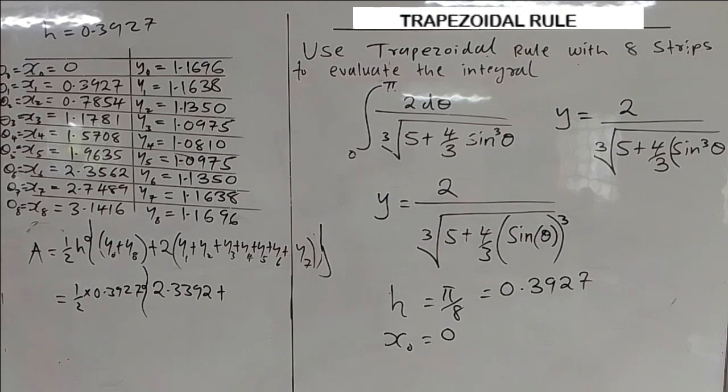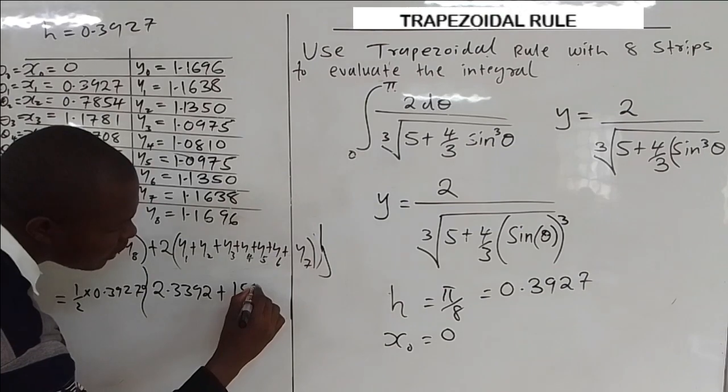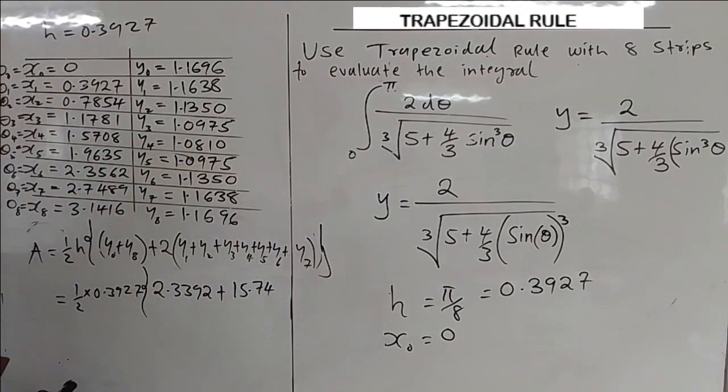Twice the whole of that, continue adding. Yeah, so twice the whole of that, you get 15.72.